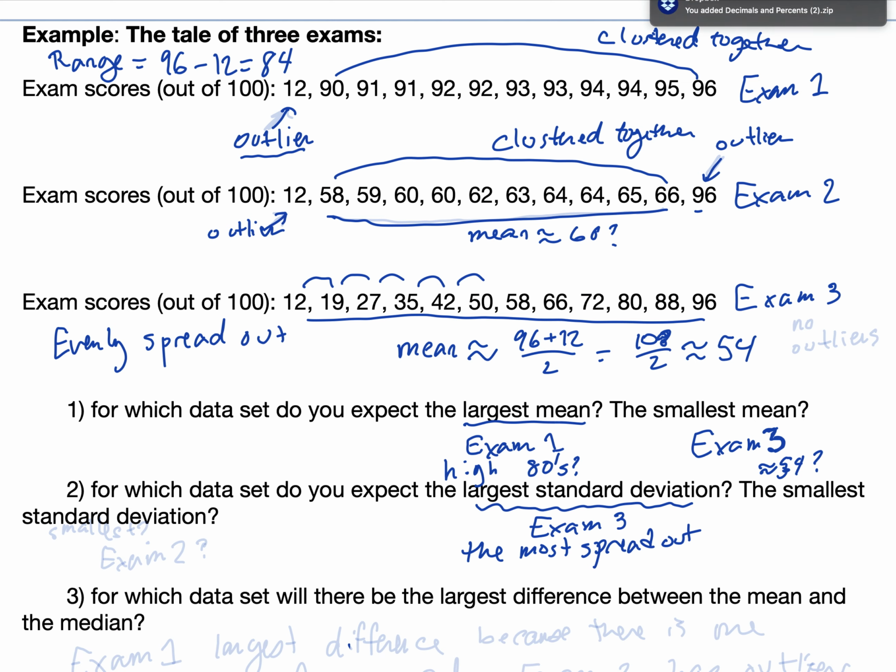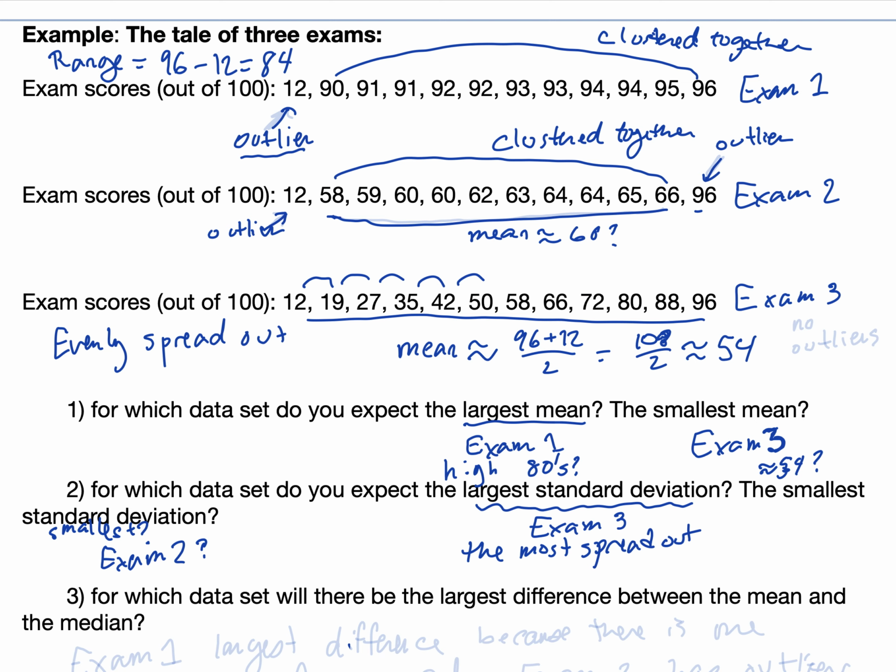What about the smallest standard deviation? Again, that's a little bit less clear, but my guess might be exam 2. It's either going to be exam 1 or exam 2.